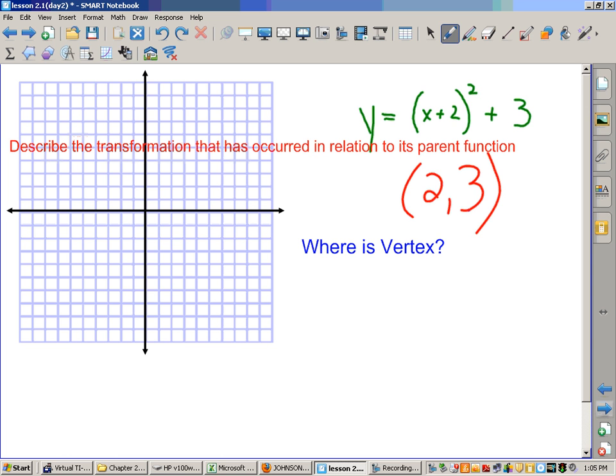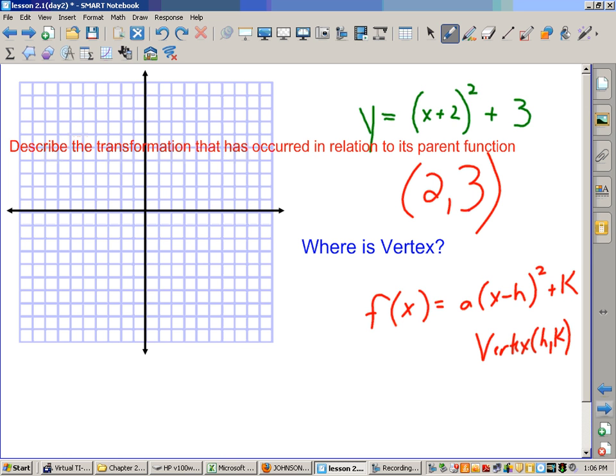Did you guys put the vertex at 2, 3? No, but I have 2 and 3 there. In vertex form, vertex form is this right here. We'll talk about different forms later. The vertex is located at h and k.